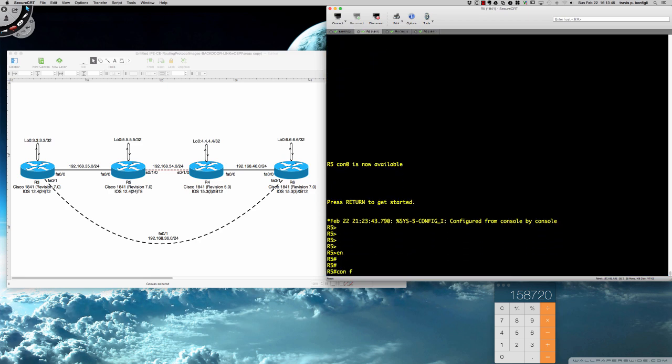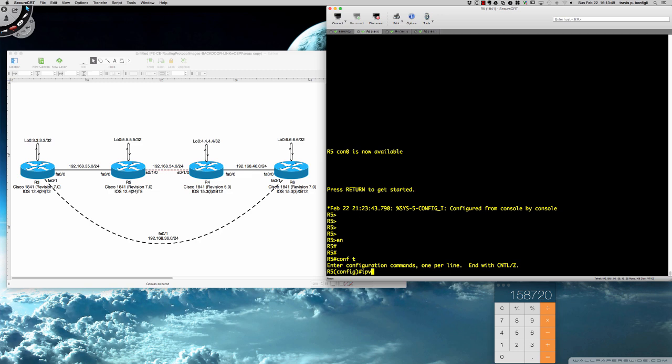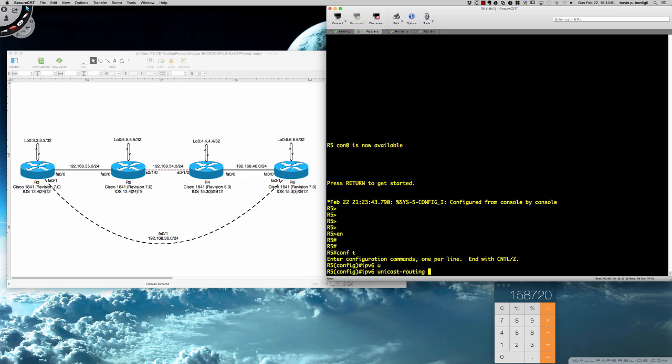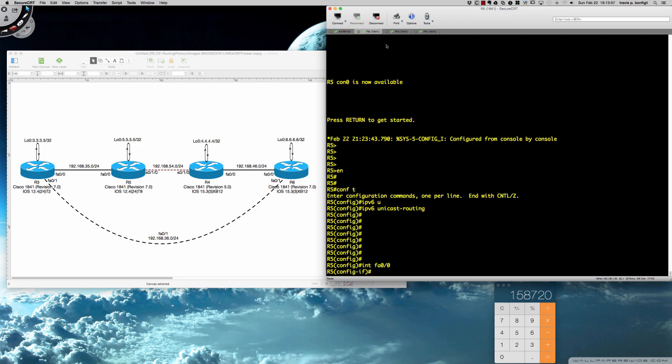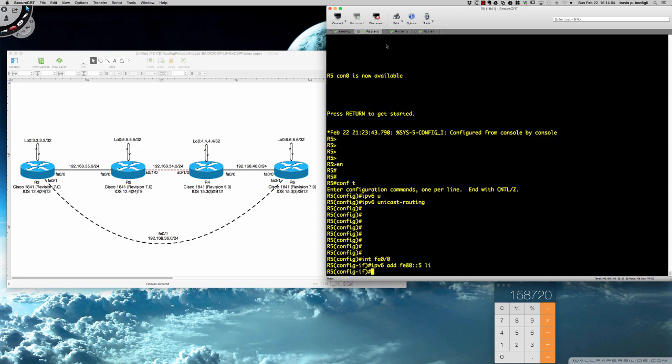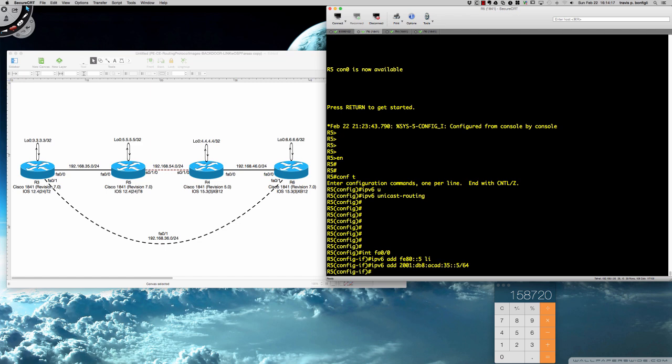All right, then let's go on to router 5. The first thing we need to do is go into global config and type in the IPv6 unicast routing command to enable IPv6. Then we can jump into our interfaces. We'll start with FA00, and I'm going to say IPv6 address FE80::5 link local. Then we'll say IPv6 address 2001:DB8:ACAD:35::5 with a prefix length of /64.